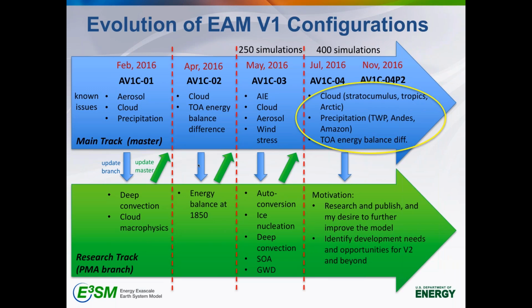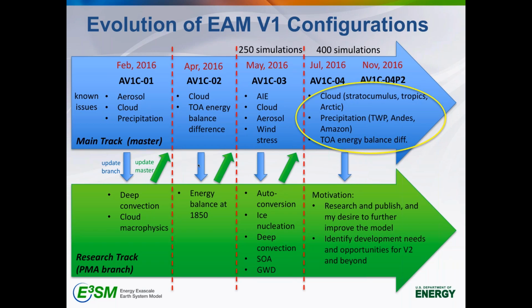I just drew this timeline to show the evolution of the EAM V1 configurations. So we had our V1 model all feature freeze in January of 2016, and then in February of 2016 we just had one month to tune the model to the top of atmosphere energy balance and a global mean, annual mean climate features to be reasonable.